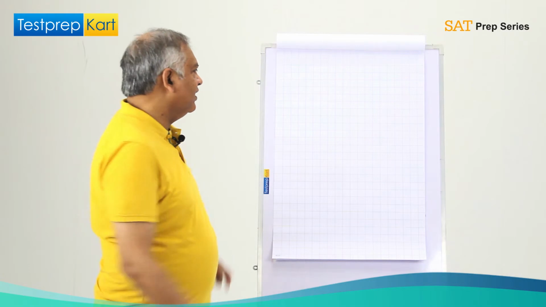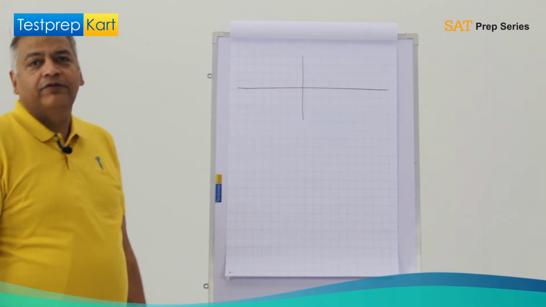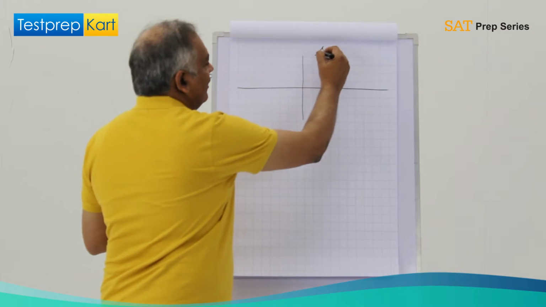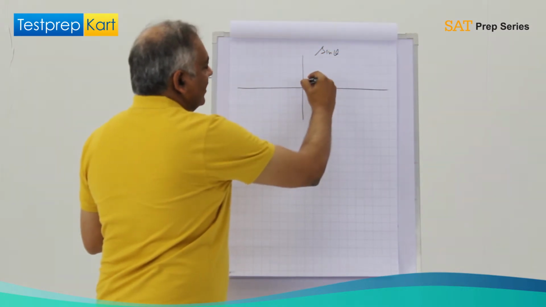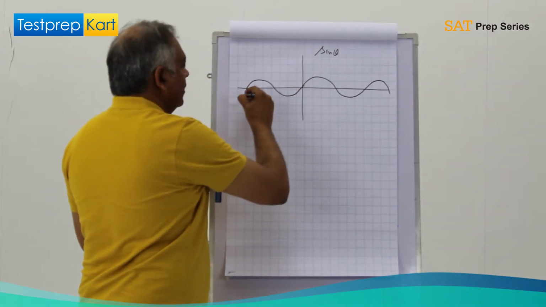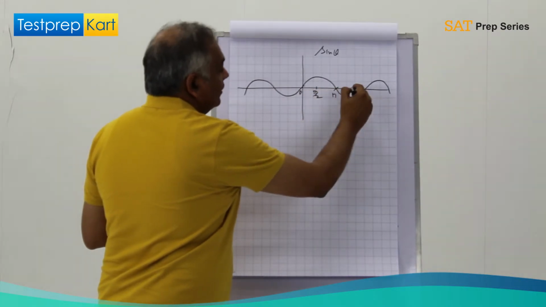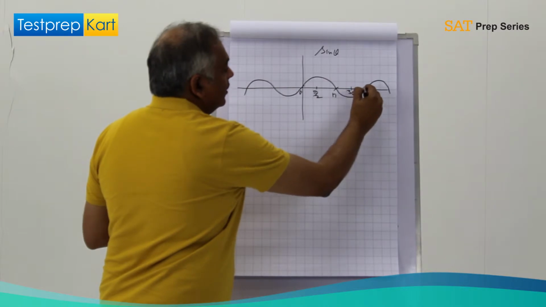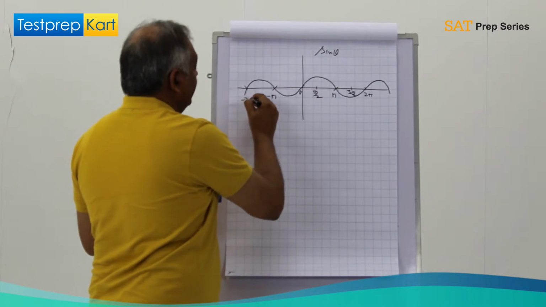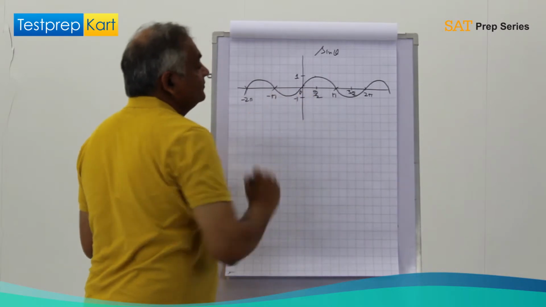The graph of sin theta will be something like this, where the points are 0, pi by 2, pi, 3 pi by 2, 2 pi, and on this side negative pi, negative 2 pi, and here the value is 1 and this is negative 1.